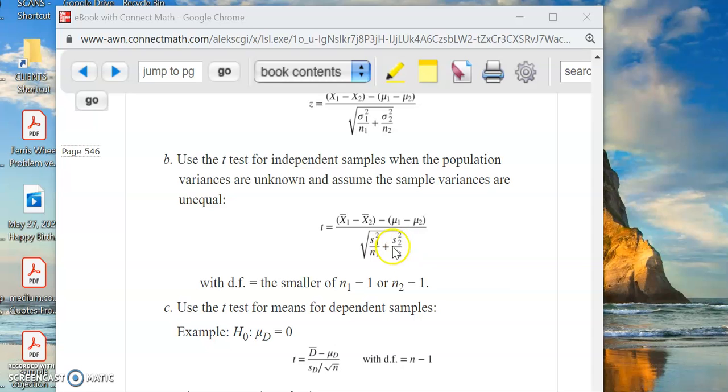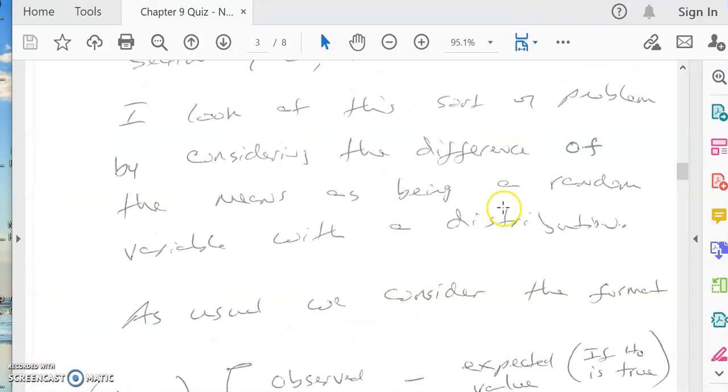Well, by hypothesis, our hypothesis is normally going to be that the mu1 is equal to the mu2. So when you take mu1, subtract mu2, what do you get? You get 0. So this part of the formula normally goes to 0. Okay, so that's what I'm saying here. I'm saying the difference of the means is basically a random variable, okay, with a distribution.